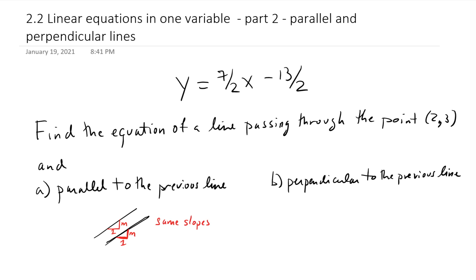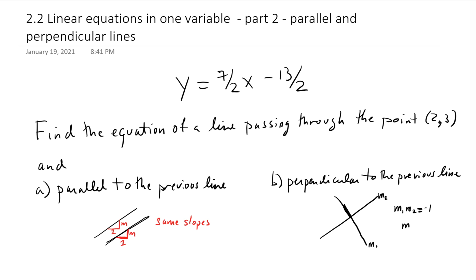For perpendicular lines, this is a result actually from Sec 4, so I'm not going to re-explain it, but it's possible to show with not too much work that the product of the two slopes, so let's say this is M1 and M2, their product is going to be -1.